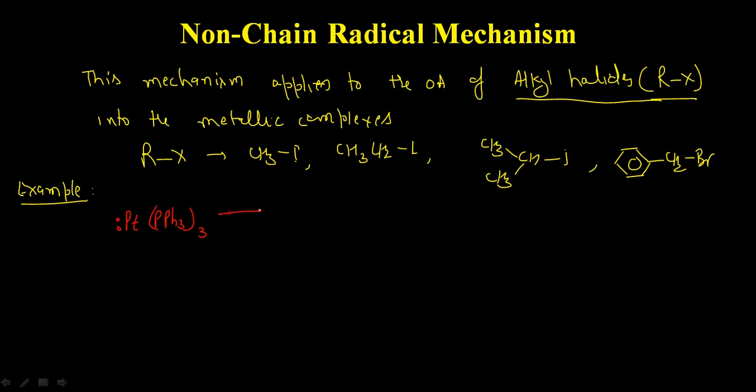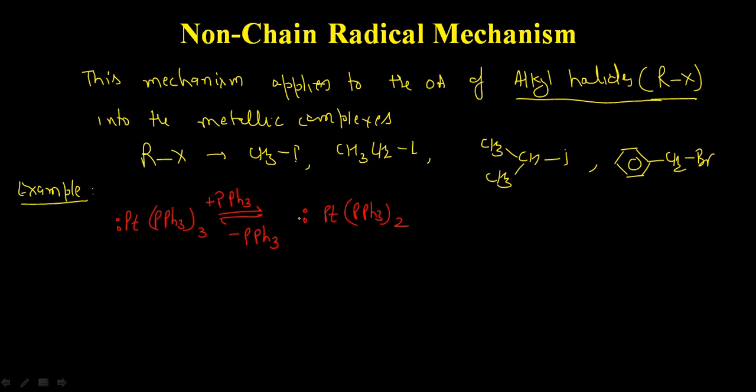After losing one of its triphenylphosphine ligands, it is transformed into this complex in which only two triphenylphosphine units are connected. This reaction is reversible and the triphenylphosphine can add back to the coordinate compound.